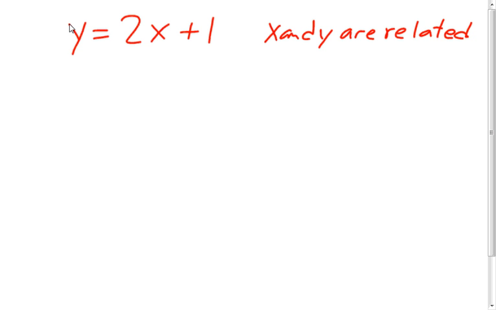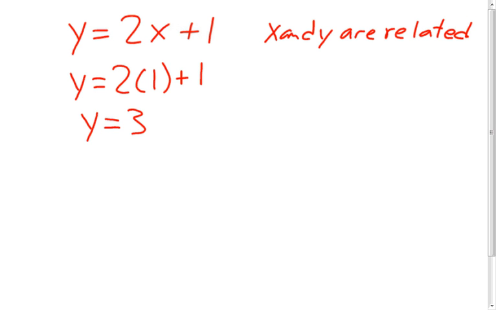And what I mean by that is if I change one of those values, the other one will also change. So let's say for a second that I plug in a 1 for x, and I do the math, and I get y equals 3. So if I plugged in a 1 for x, I got that y was equal to 3.